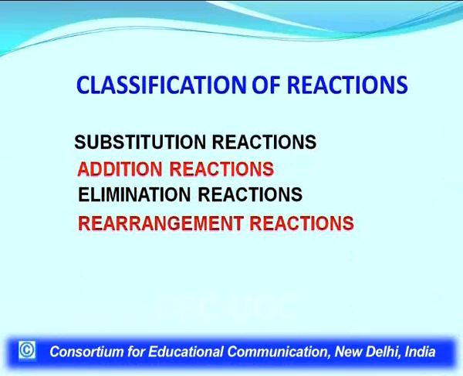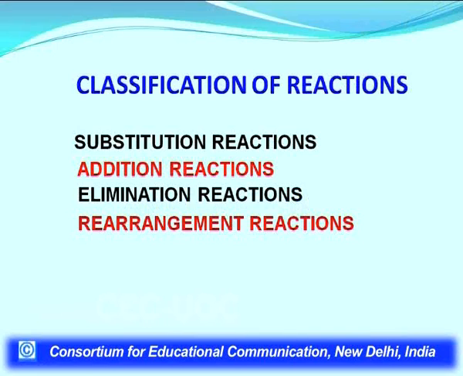Looking at the structure of the basic organic molecule, which we generally call the substrate, the reactions can be classified into these 4 main groups. One is substitution reactions. In a substitution reaction, one atom or group from the substrate molecule is replaced by another group or atom.